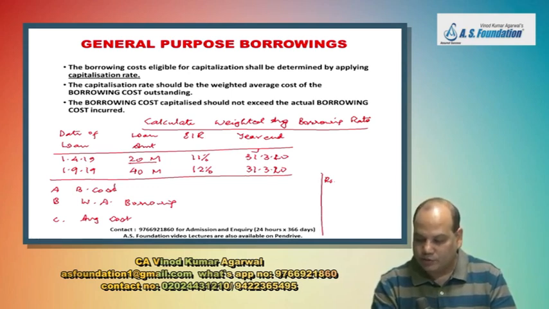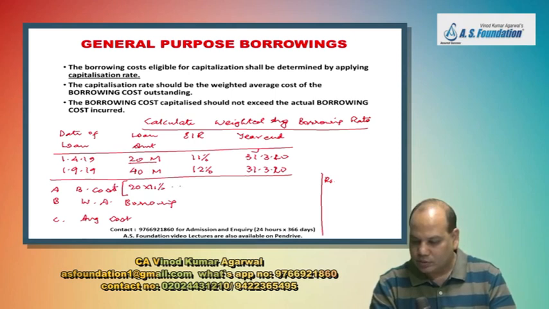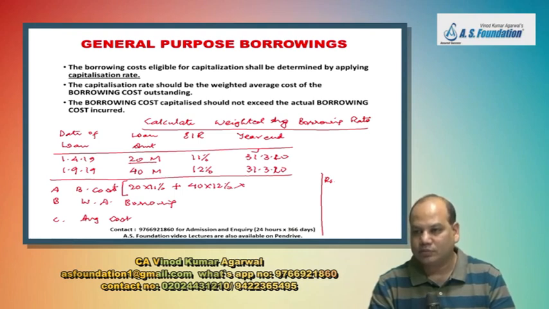My borrowing cost first will change. It will be first 20 into 11%. This is for full year. This is 40 into 12%. Now how many months are there between 1/9/19 to 31st March 20? September, October, November, December, January, February, March. 7 months.